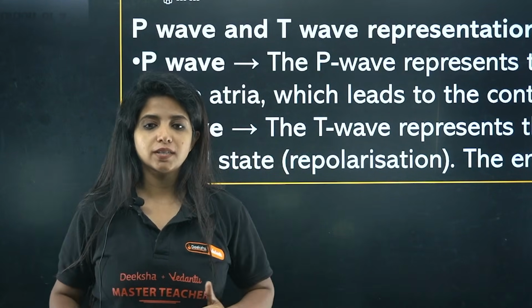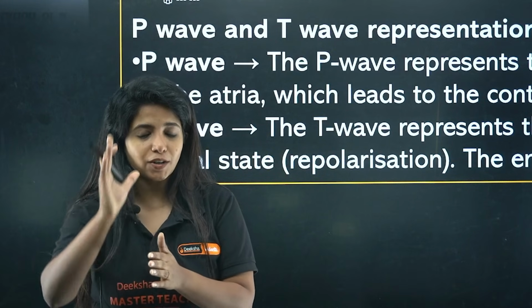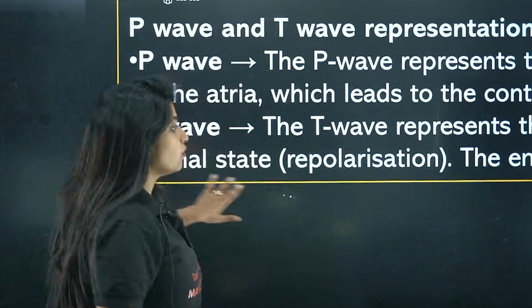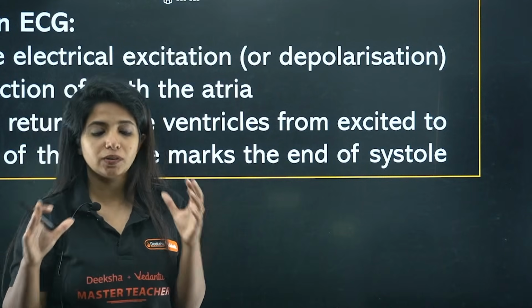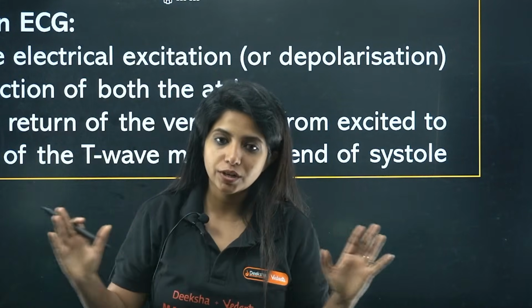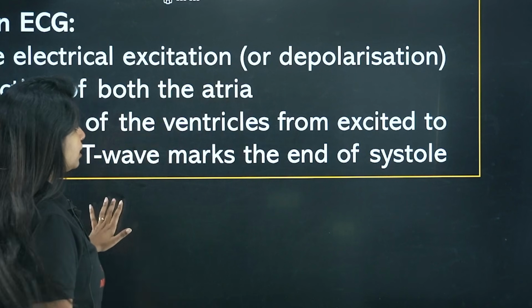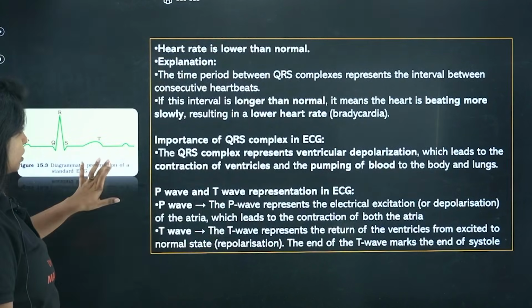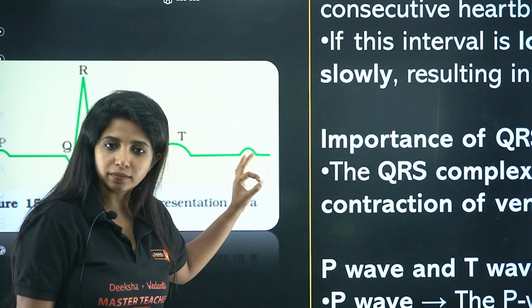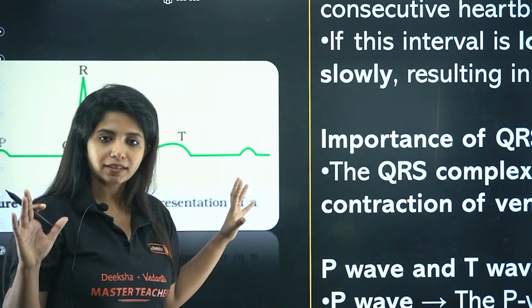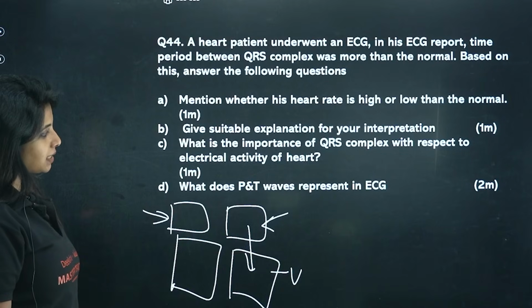That is being represented by the T wave. By the end of the T wave, we say that is the end of systole. The end of contraction has officially been done. It is completely relaxed. Got it? That is the thing.